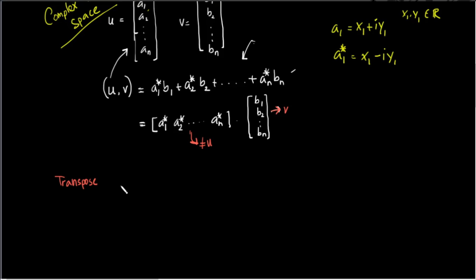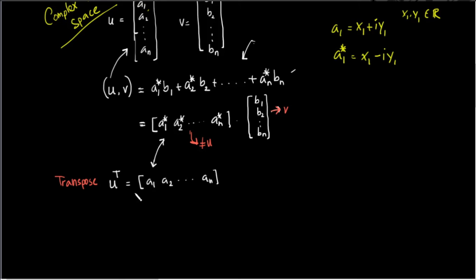So if we take the transpose of the matrix U, we write transpose like this, T, then the matrix we will get is a1 a2 dot dot dot an. Well, this is not quite the same as this one. What difference do we have? In this one we have complex conjugates, and here we don't have any complex conjugates.